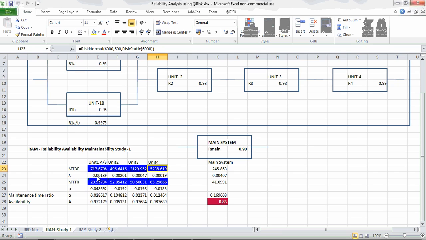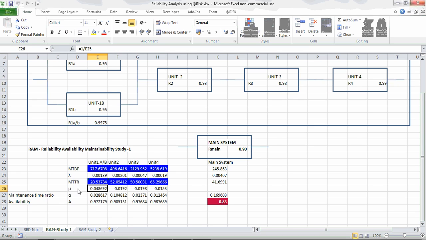And then lambda is nothing but the inverse of mean time to failure, and then mean time to repair is also estimated based on the experience and observations we have from the field. So it's been estimated here. I'll come to what is indicated in blue later on.